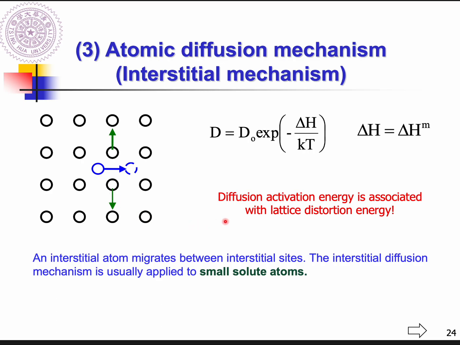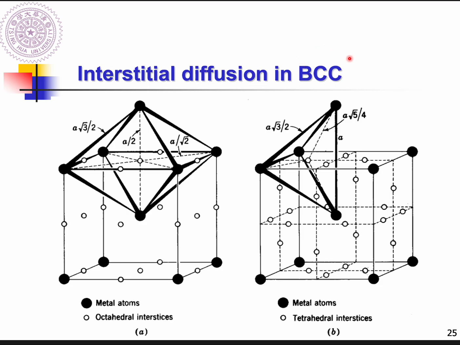Next, I'm going to give you some information about the interstitial site. If we take BCC as an example, with interstitial diffusion in BCC structures, we have two different kinds of interstitial site.